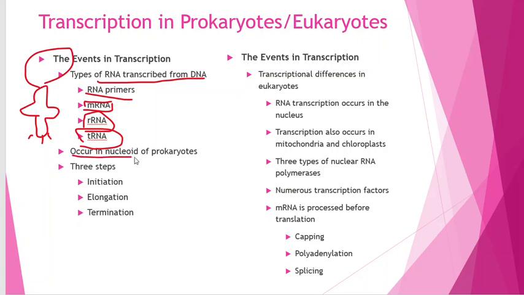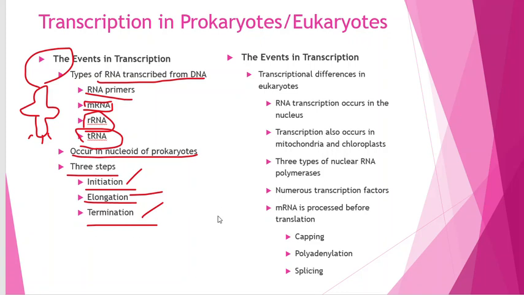Okay, all of this is going to happen in the nucleoid region in our prokaryotes. We're going to have three steps: initiation, elongation, and termination. You start, you stop, and you keep going until you get to the stop. It's really that simple.